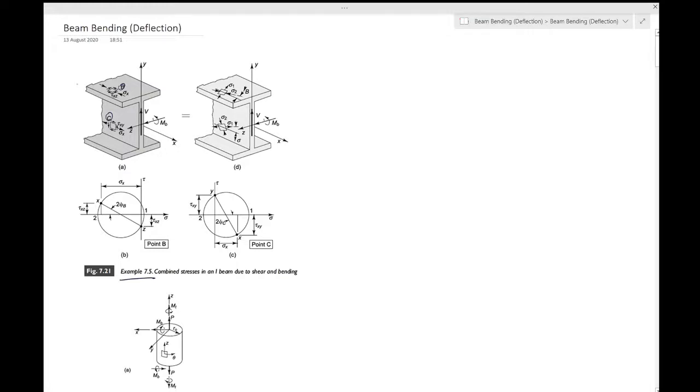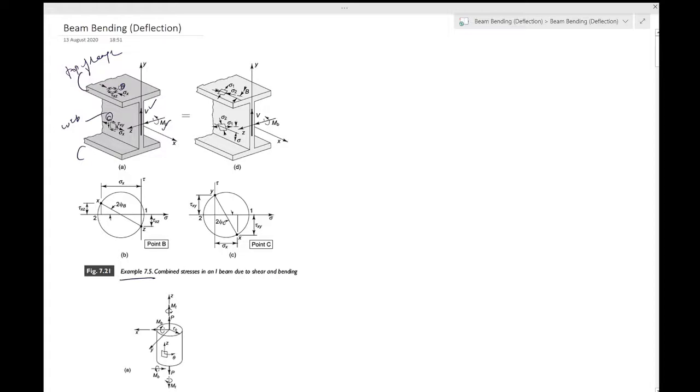So this is the top flange, this is the bottom flange, this is a web. And when a shear force V and bending moment MB are being transmitted, so you have the shear force V and bending moment MB on this I-shaped beam.